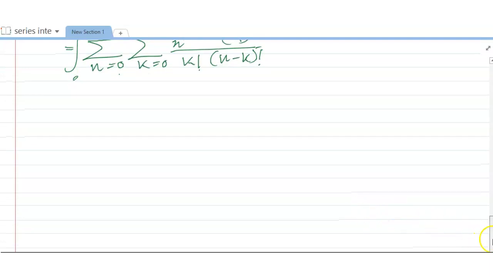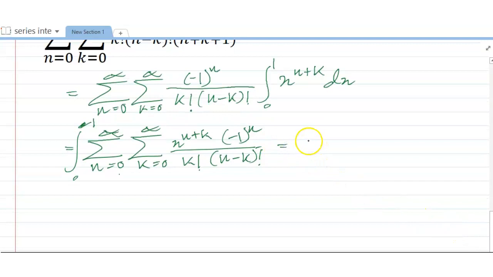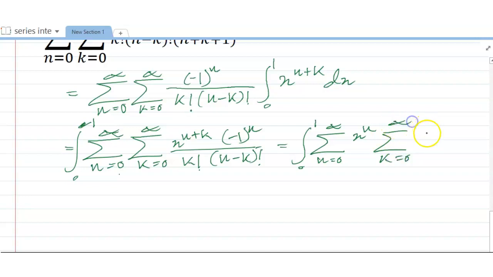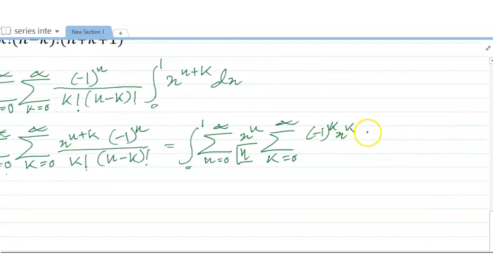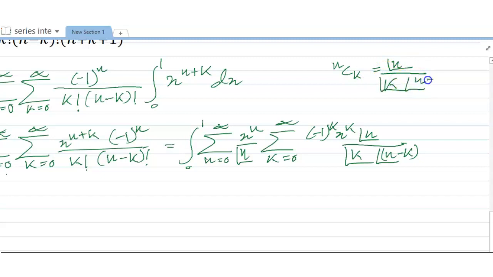After that, friends, we can solve this way: we can write the integral from 0 to 1, summation n equals 0 to infinity, of x to the power n by n factorial into summation k equals 0 to infinity of minus 1 to the power k x to the power k into n factorial divided by k factorial into n minus k factorial, because this formula is nCk equal to n factorial divided by k factorial and n minus k factorial.